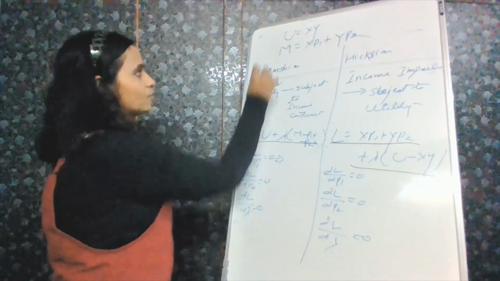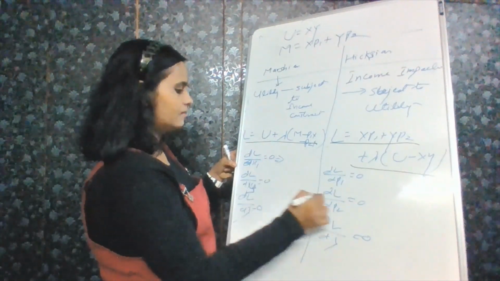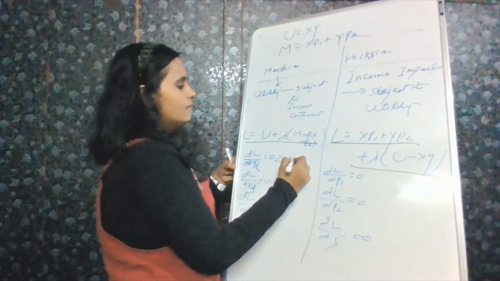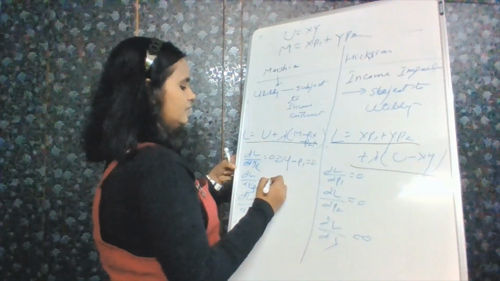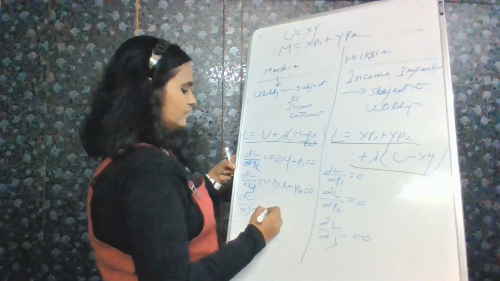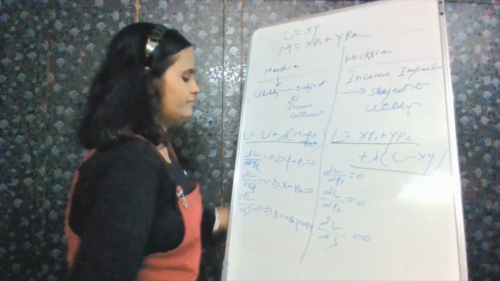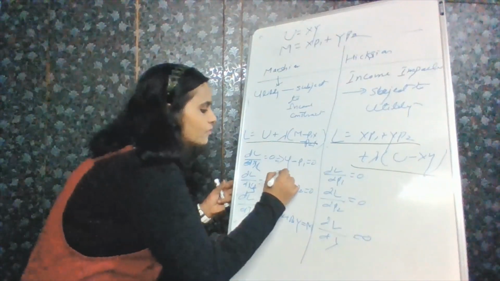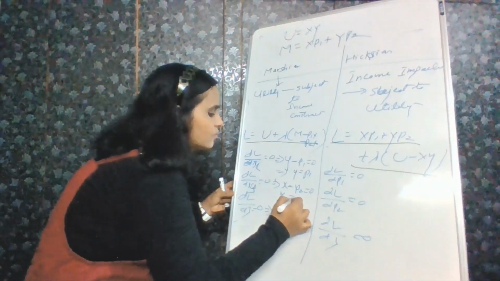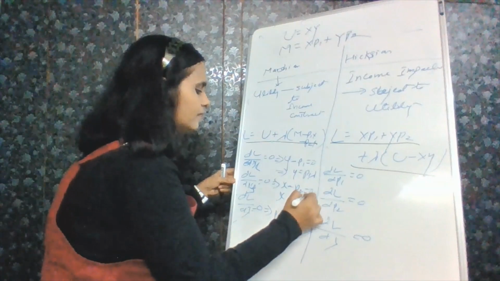Here U is xy, so dL by dx gives y minus p1 lambda equals 0, dL by dy gives x minus p2 lambda equals 0, and p1x plus p2y equals m. So here you will have y equal to p1 lambda and x equal to p2 lambda.